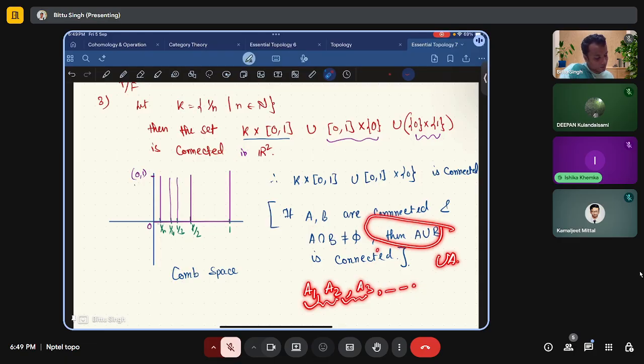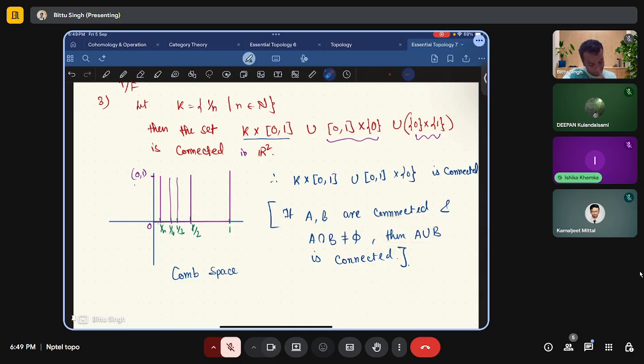That is, union of Ai will be connected. Okay, just use this fact. You can easily prove that one. The same proof will work, actually.